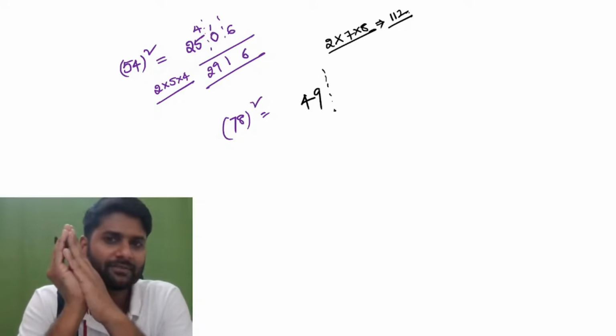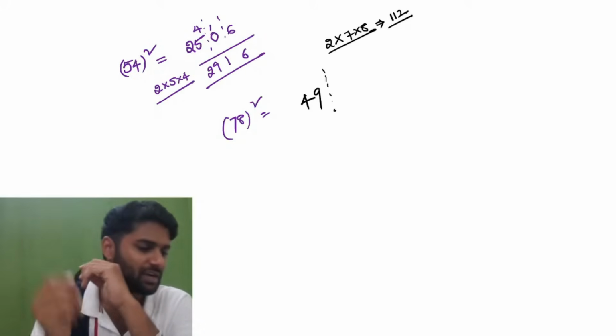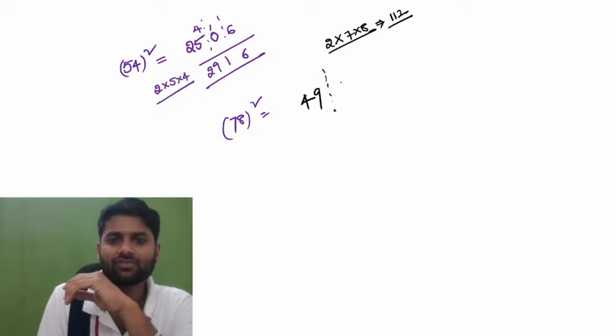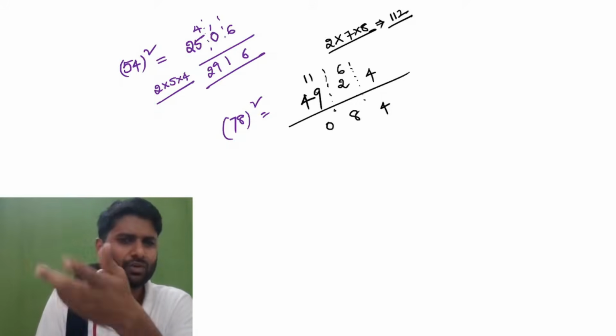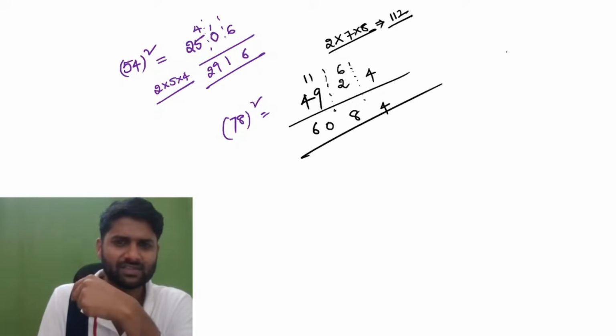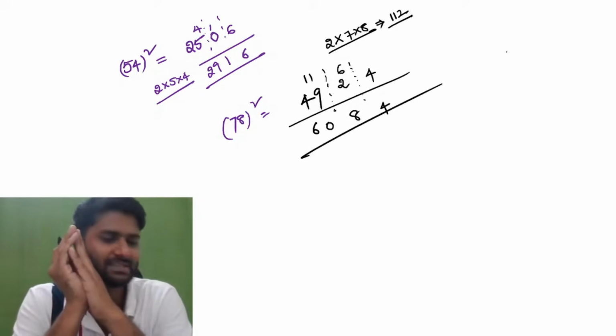So 112 means always write a single digit and the remaining should be carried over. Finally 8 square is 64. Write down 4 and 6 is carried over. Now the final answer is 4, 8, 0. Then 49 plus 11 is 60. So 6084 is the correct answer.